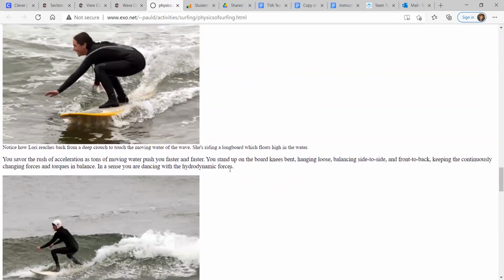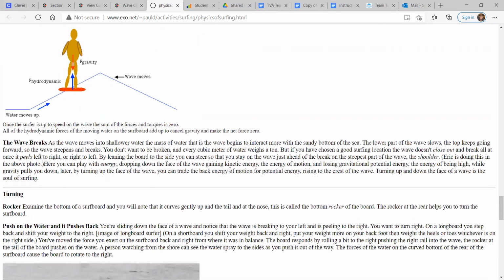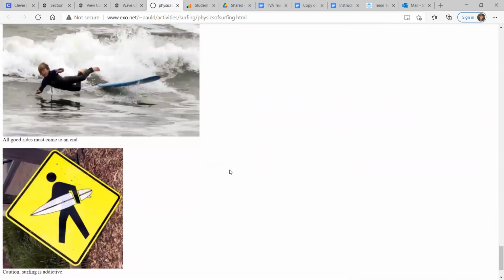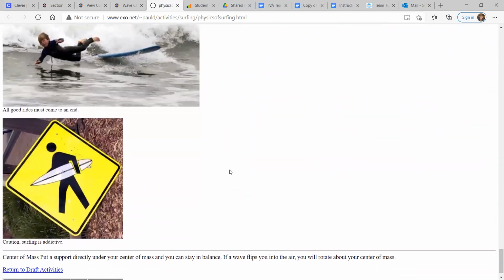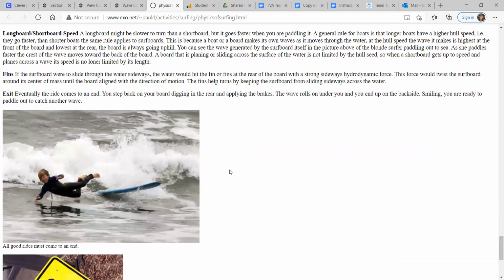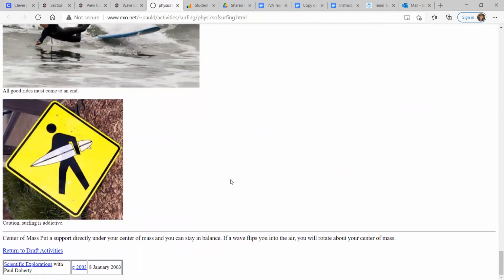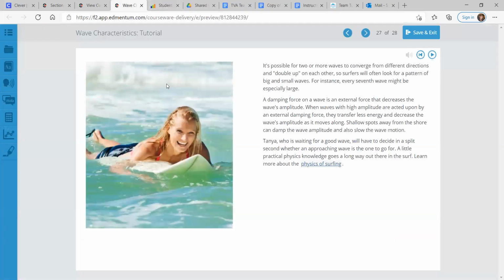Hydrodynamic forces, wave breaks. Yeah, you eventually will have to stop surfing. So people fall off or bail. But yeah, that's cool. Look how old it is. Maybe 2003. Oh, wow, that's crazy.